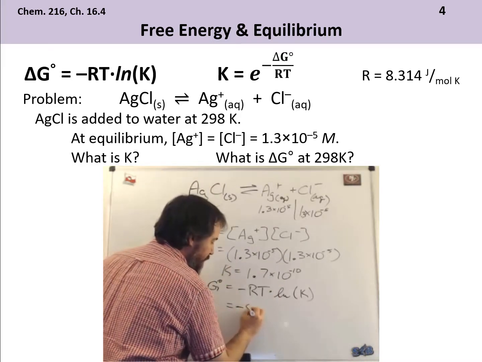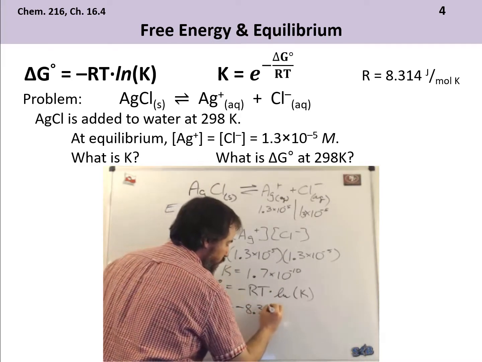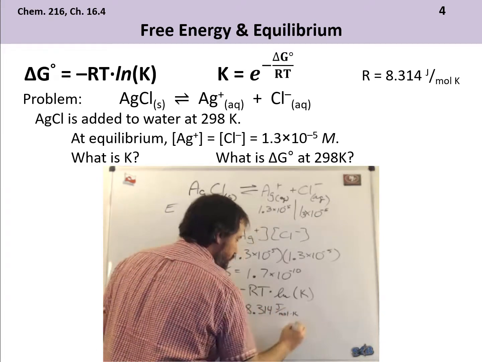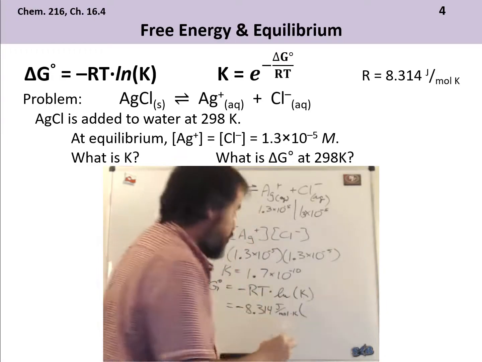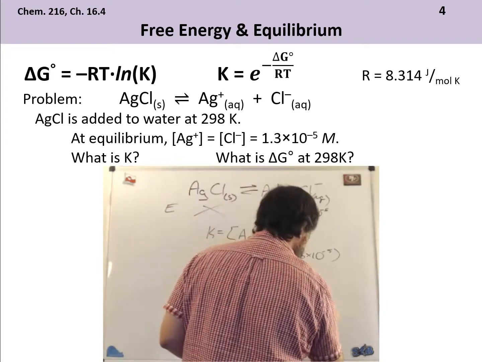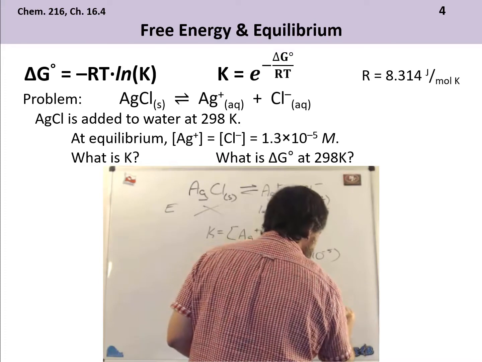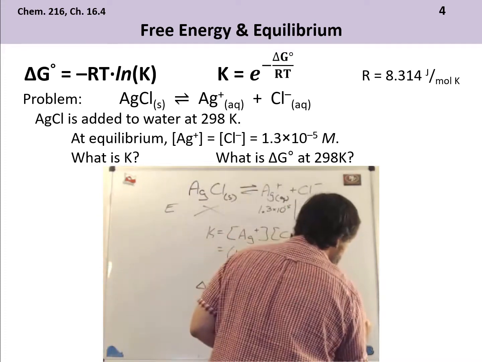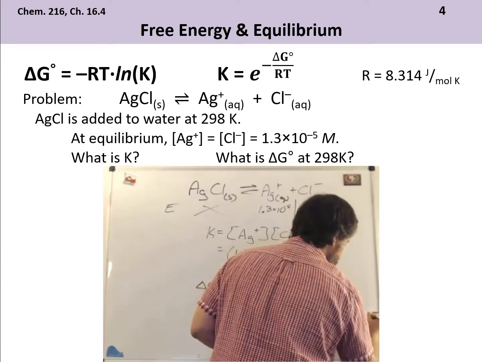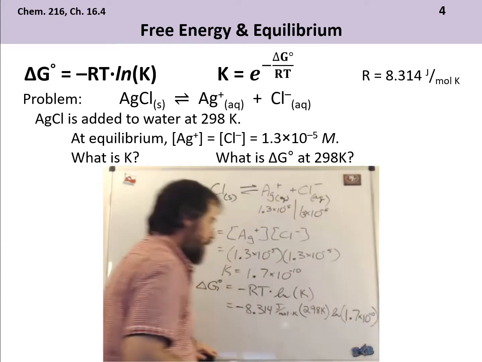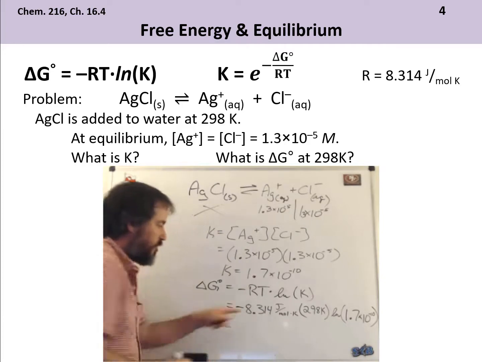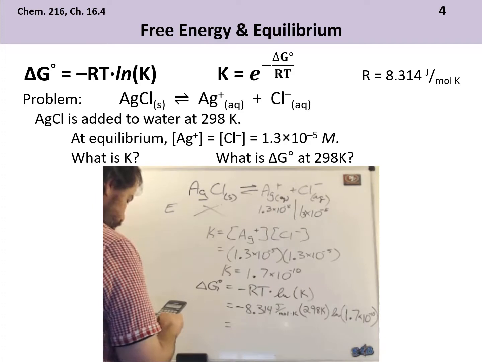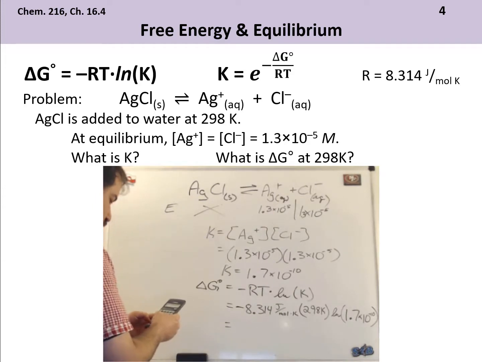All right, so this is going to be negative 8.314 joules per mole K times 298 K times ln of 1.7 times 10 to the negative 10. I first start off by multiplying those two together, 8.314 times 298.